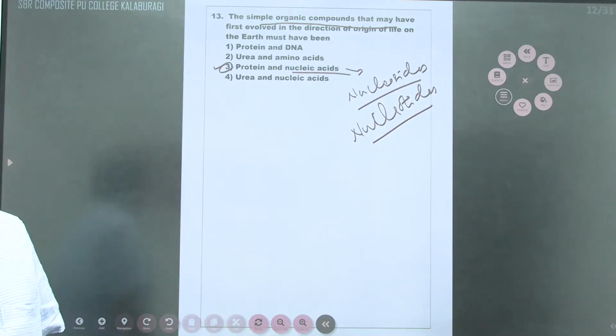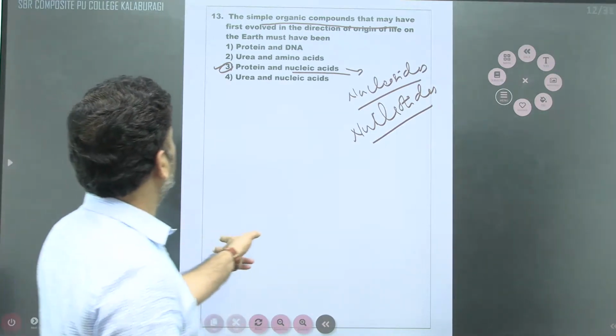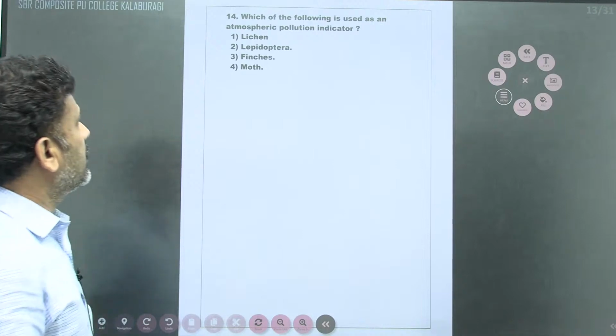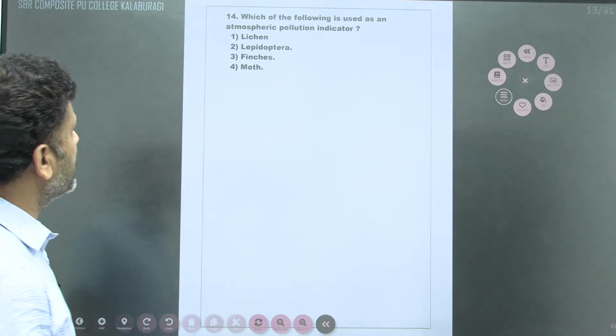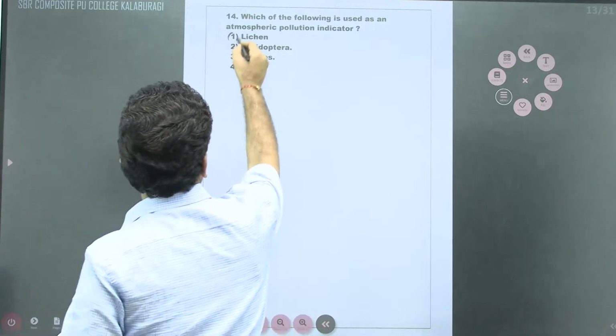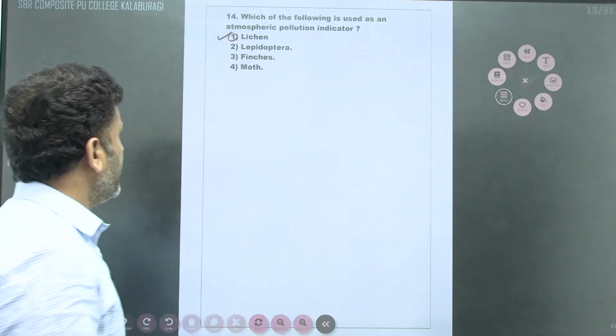Okay, so next, which of the following is used as an atmospheric pollution indicator? The lichens are used as a pollution indicator, not Lepidoptera.